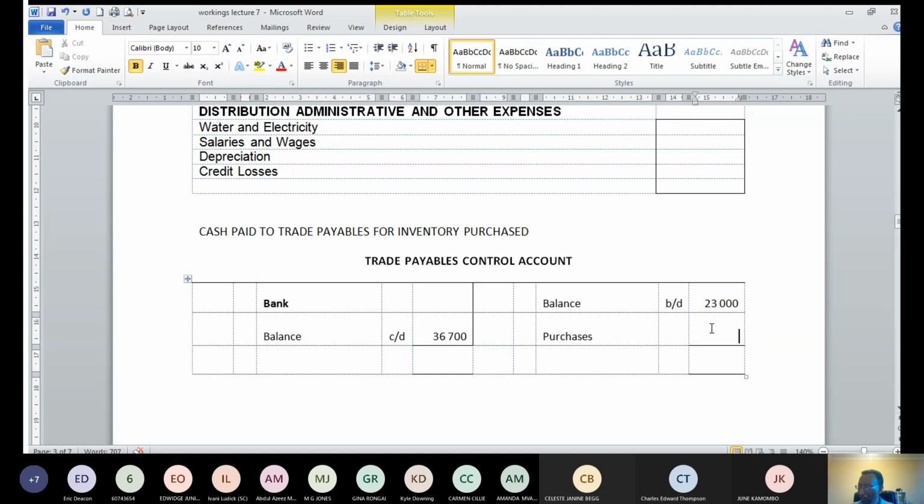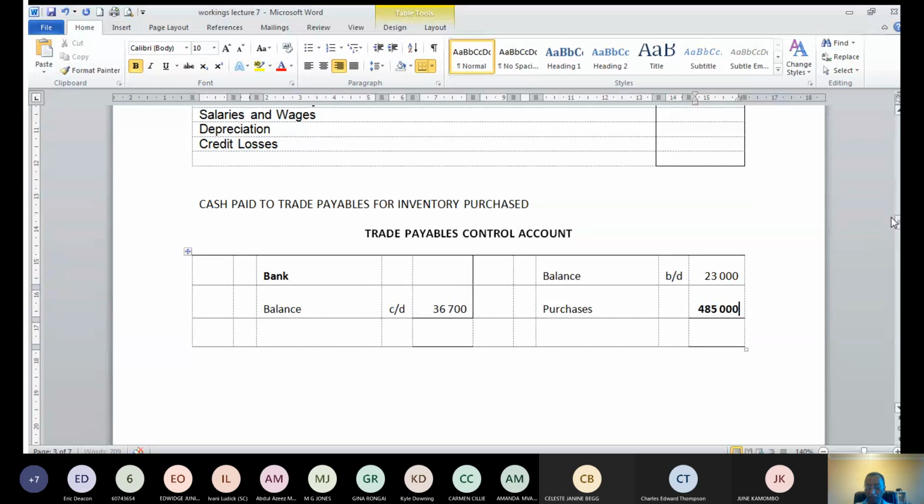The purchases, straight from your statement of profit and loss and other comprehensive income, is the amount of 485,000 Rand. You add up your credit side, which will be 485,000 plus the 23,000, in total that will give you 508,000.